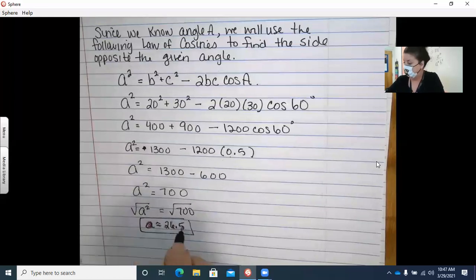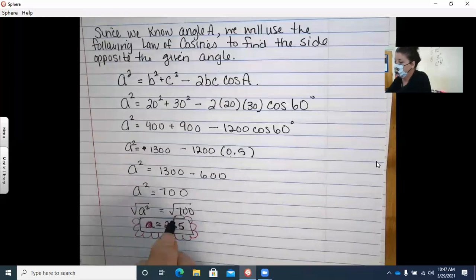Everybody good with that? So that is the length of side A. I'm going to go label my triangle.